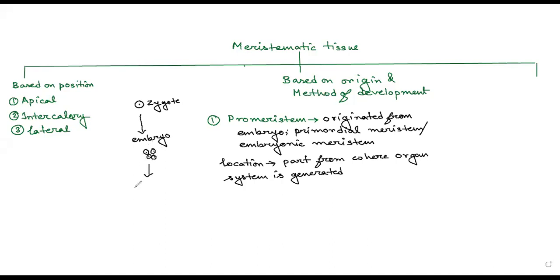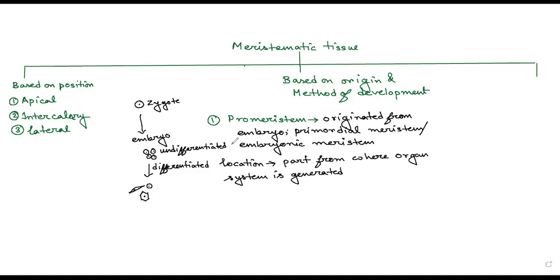If there are different types of cell, for example, one cell is like this, another cell is like this, another cell is hexagonal like this. Obviously, this process is called differentiation. We all are differentiated organisms, even the higher plants, and we human beings are also differentiated. So when cells are not differentiated, that means they have the same structure, we call them undifferentiated.